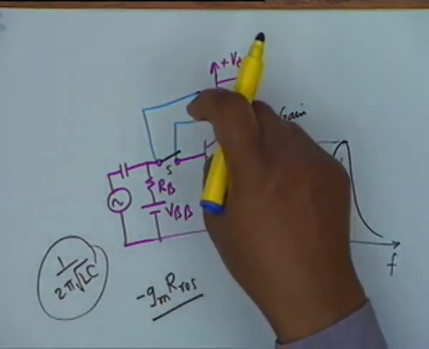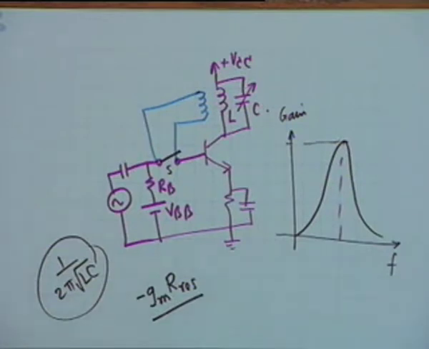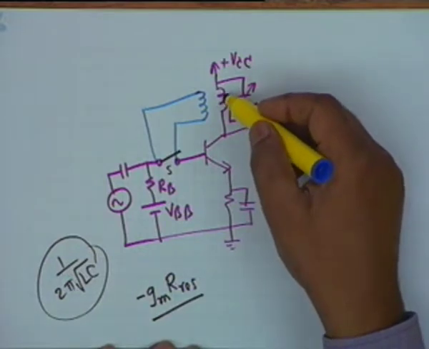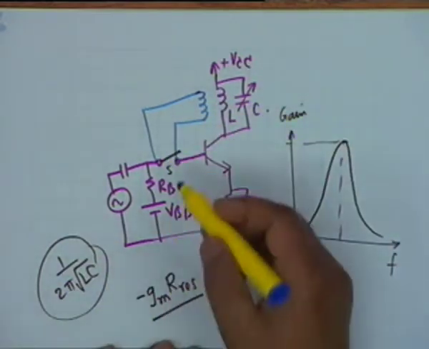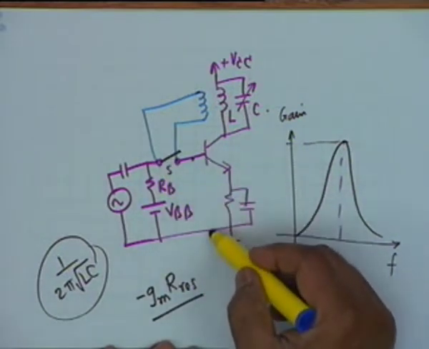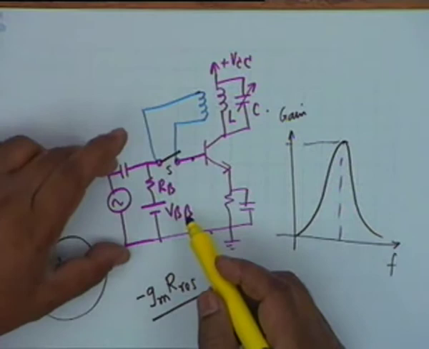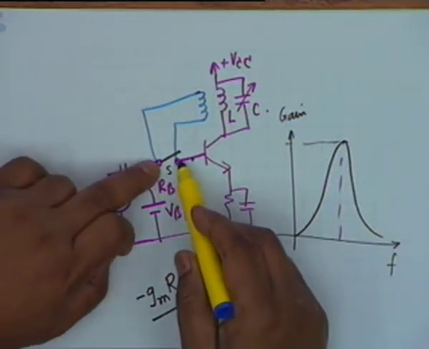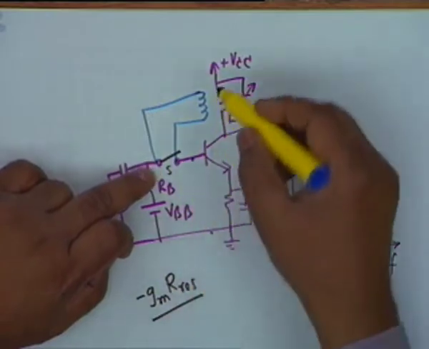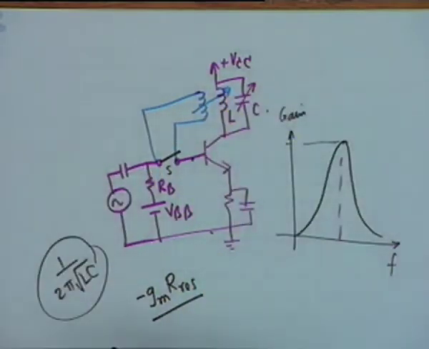We can orient the winding direction such that a part of the output is fed back to the input. You see, the actual signal at the input between the transistor base and ground shall be the input signal plus the signal that is fed back from the output because of the magnetic coupling between these two inductors, all right.